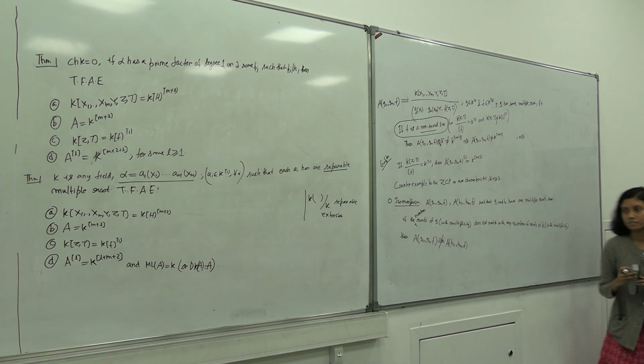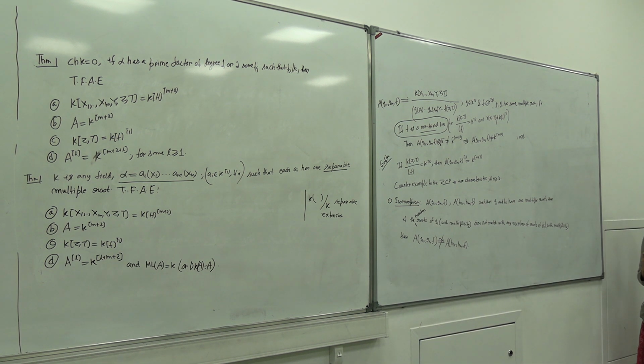So now we have non-isomorphic counterexamples to the Zariski cancellation problem.